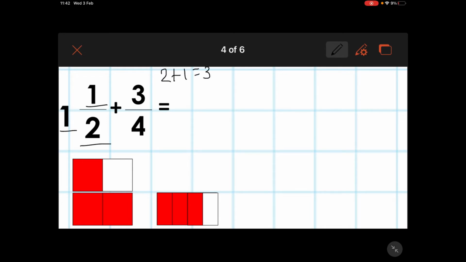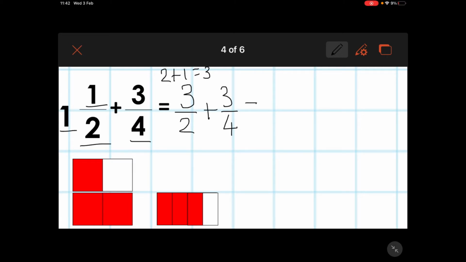So I have a numerator of 3. 3 is my total number of parts, and I use the same denominator, which is 2. And I'm adding 3 quarters, which is the same fraction as here.